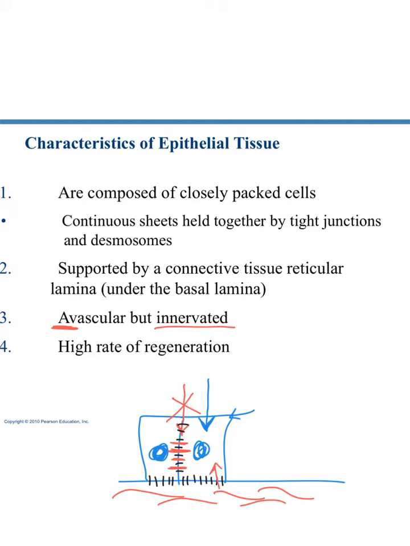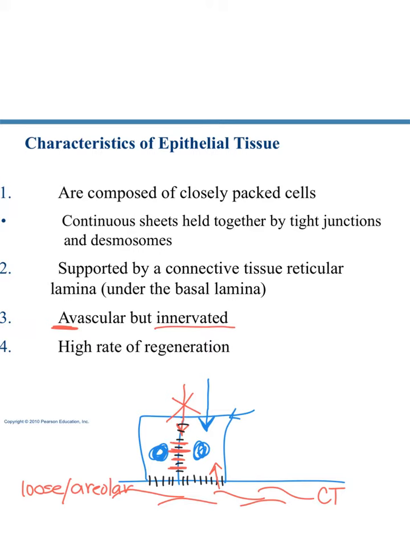So you will always have connective tissue immediately underneath, and the type of connective tissue you will always have is loose or areolar connective tissue. That will always be right underneath the cells.